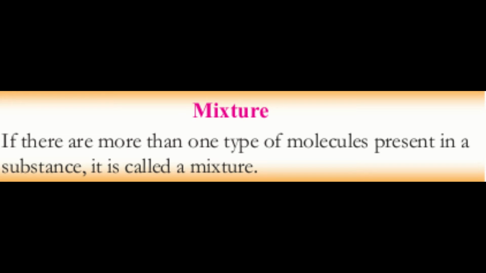In the case of only salt, we say that salt is a pure substance and salt solution is a mixture. Do you understand the difference? Salt is made up of only salt molecules. Salt solution is made up of the molecules of salt and the molecules of water. Then the definition of mixture: if more than one type of molecule is present in a substance, it is called a mixture.